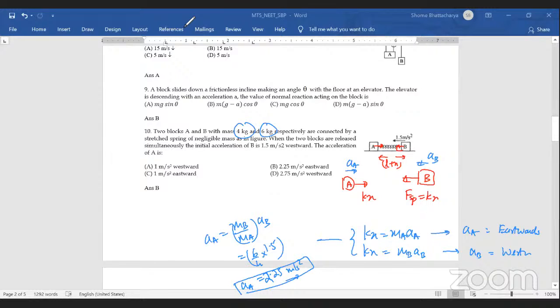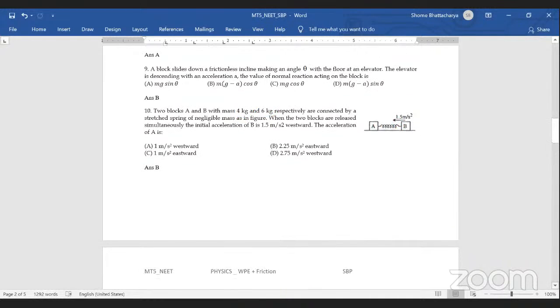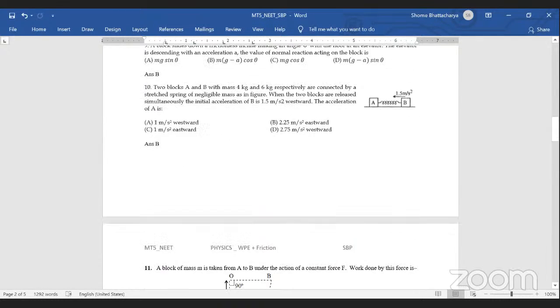And let me know if there's any doubt. Anyway, is the 10th question clear, Sarvesh? Good. Okay, next go through 11th and 12th question.